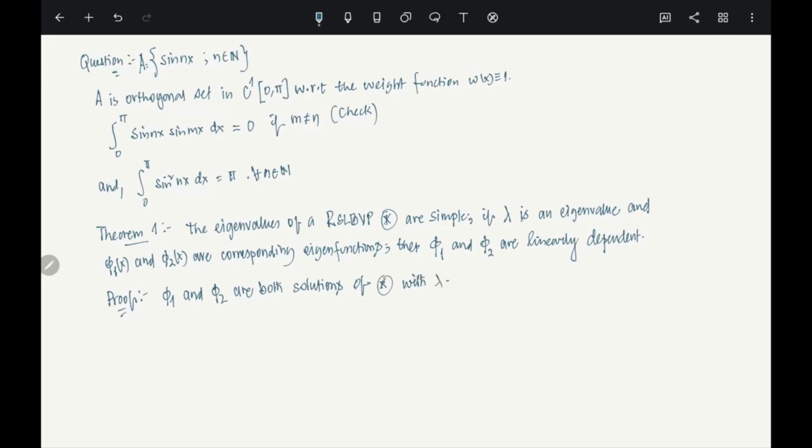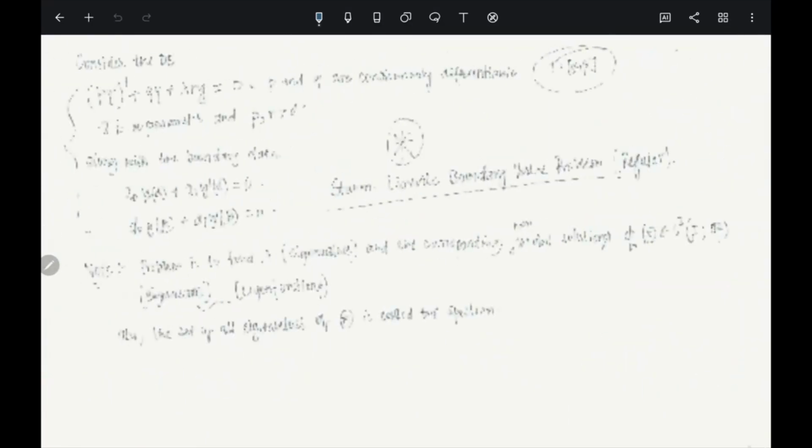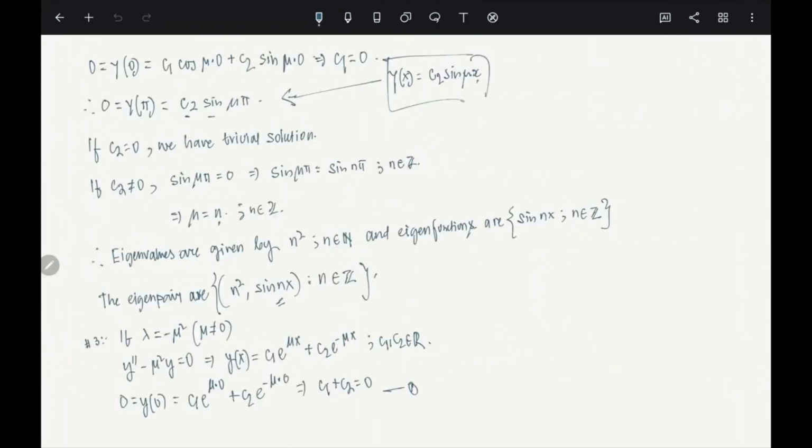So if you write this equation with lambda, where is the equation? I wrote it somewhere, star. Let's say lambda is an eigenvalue, then phi1 and phi2 both satisfy this equation, and with this boundary data. So let me write it down. That will make life much easier.